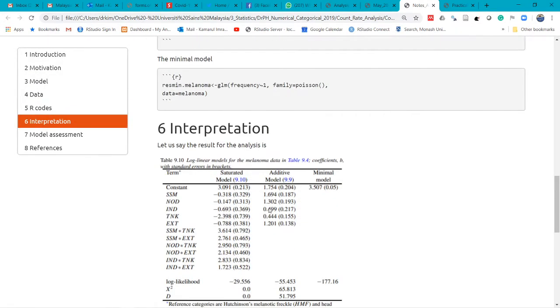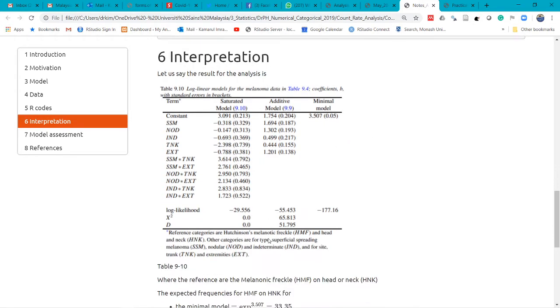I highly recommend that you read this book. It's not a thick book, a very simplified introduction to Poisson regression, but a little bit heavy on the notations and all that. So yeah, that's one of the advantages.